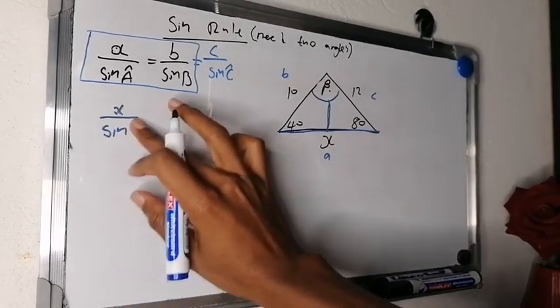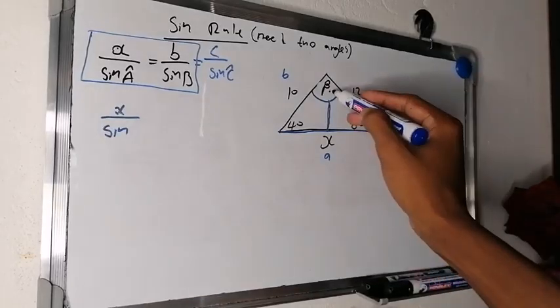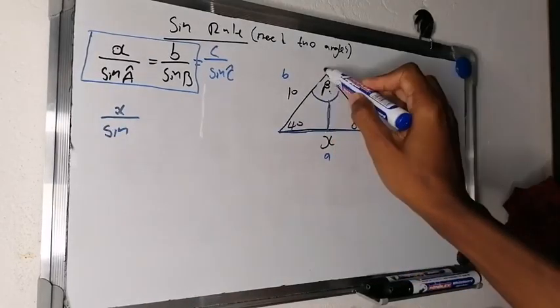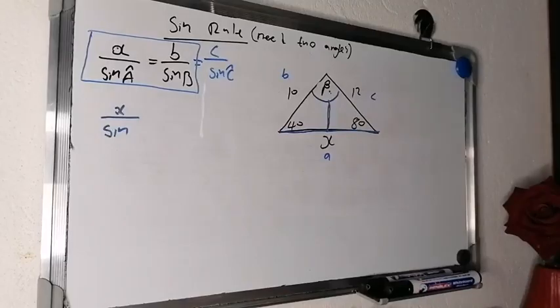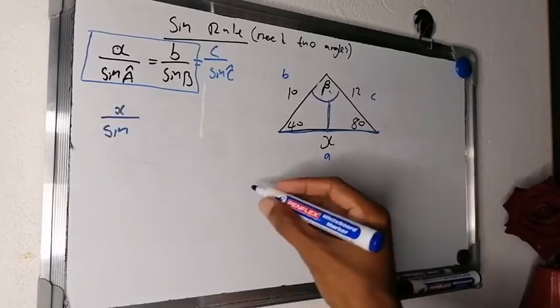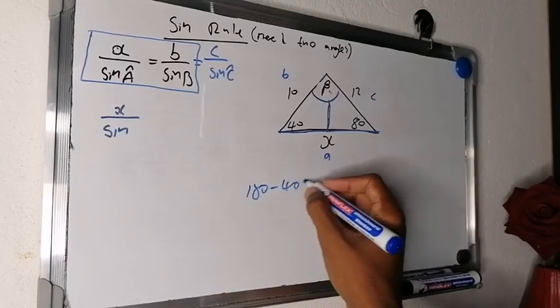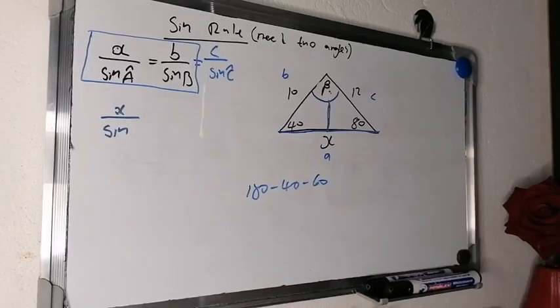You need to know that any triangle must add up to 180 degrees. So what you're going to do now is to say 180 minus 40 minus 60. By the way, 40 and 60 will give you 100.